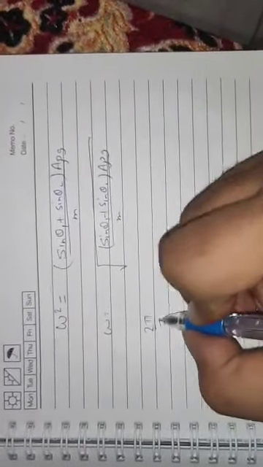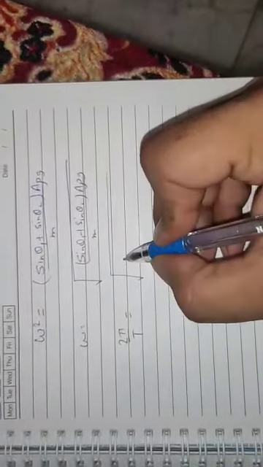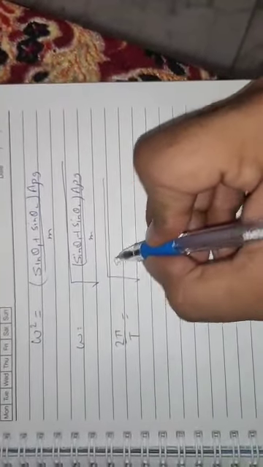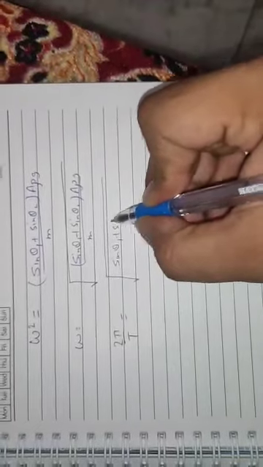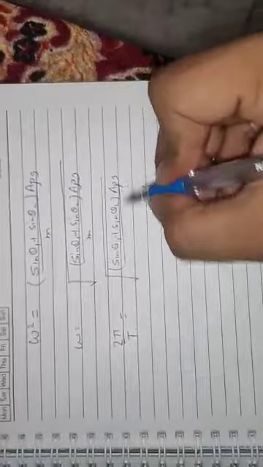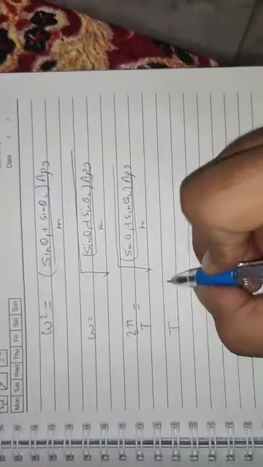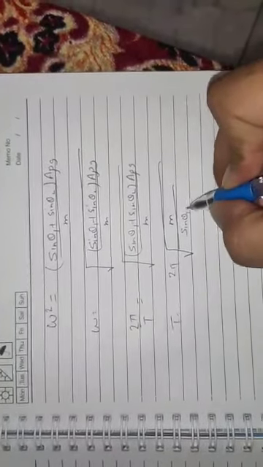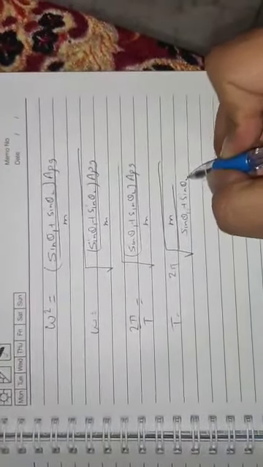That is 2 pi by T is equal to this. So T is 2 pi under root m upon (sin theta 1 plus sin theta 2) A rho g.